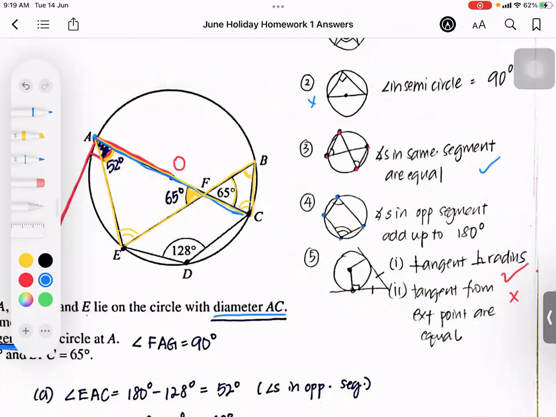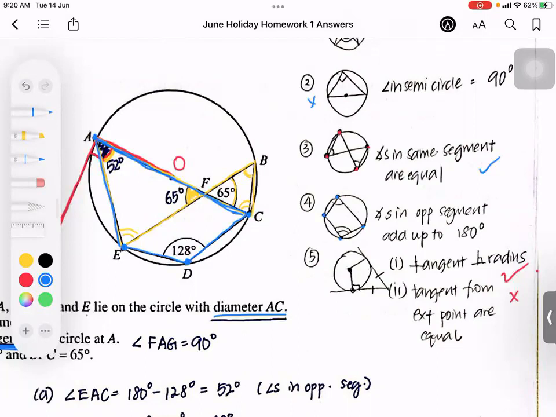Or maybe I can also use B as well. But in this case, I'm just going to focus on this quadrilateral here, because this involves the angles that we want to find.